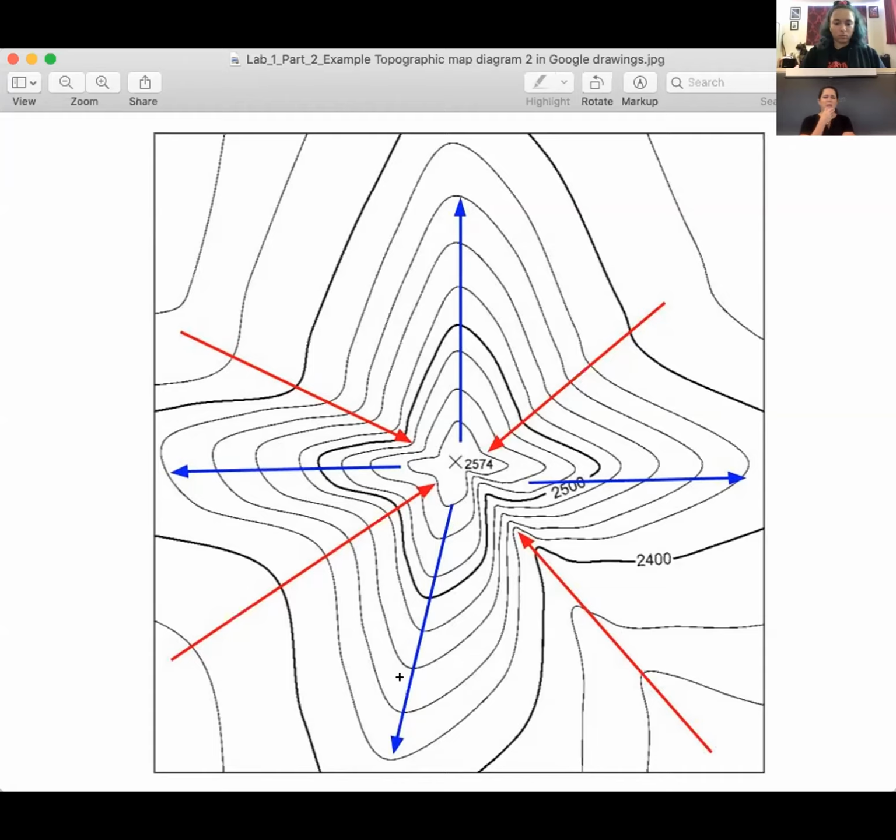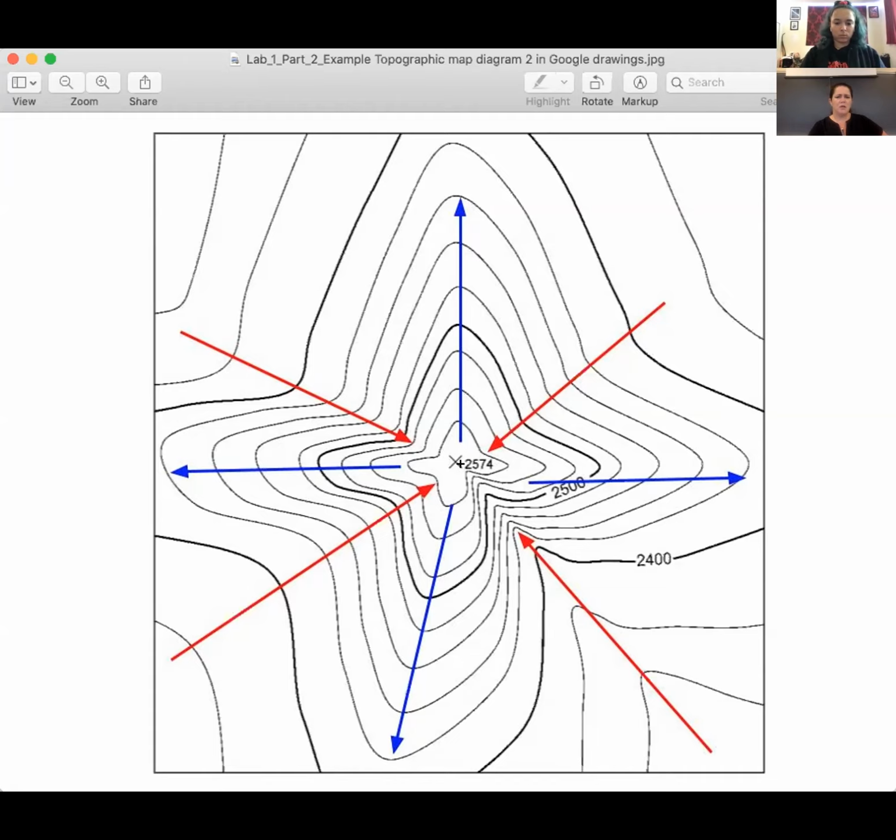So if you're standing at that peak, you can imagine looking down. If it's a 20-foot contour interval, it's probably something less than 20 feet. It starts to drop off closer to you here compared to here, if you're standing up here.